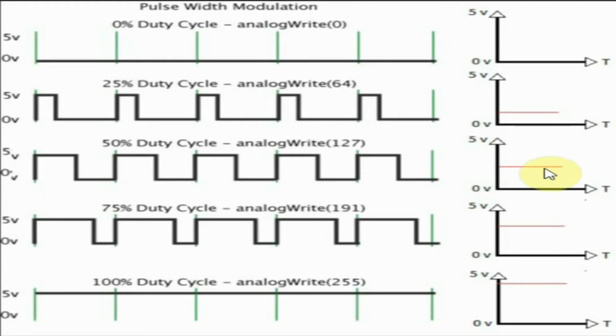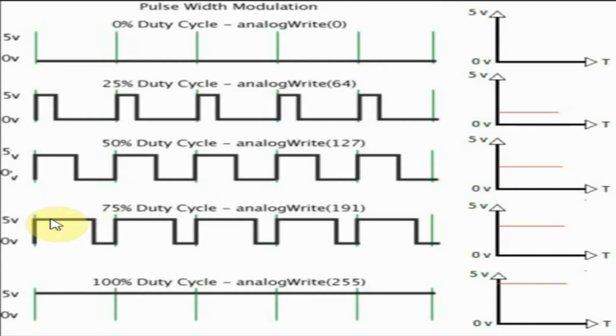In the next graph, it gives an output voltage higher than in the previous condition. So that pin generates a voltage lower than 5 volts and higher than 0 volts, but not 5 or 0 volts. Let's say it generates 2.5 volts. So the LED glows with slightly higher brightness.